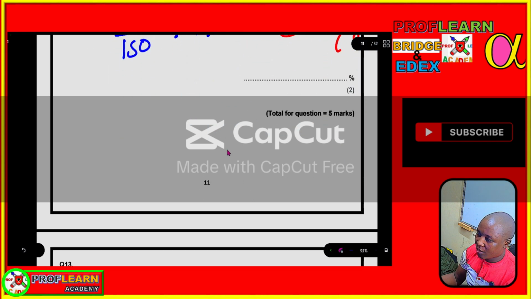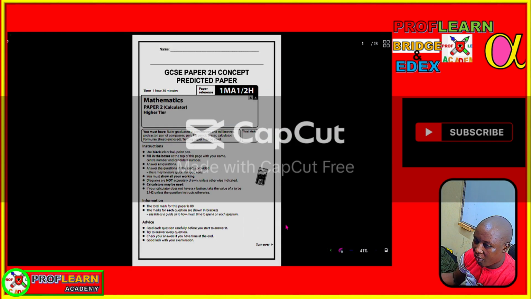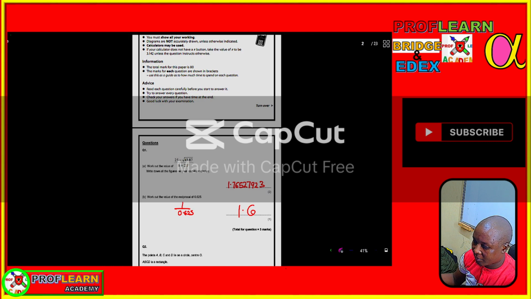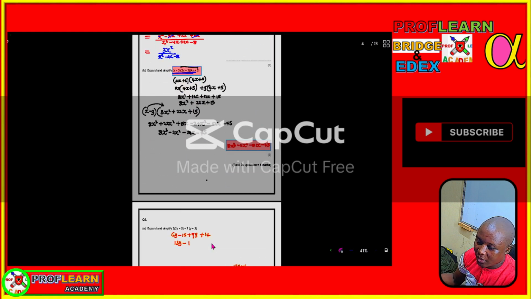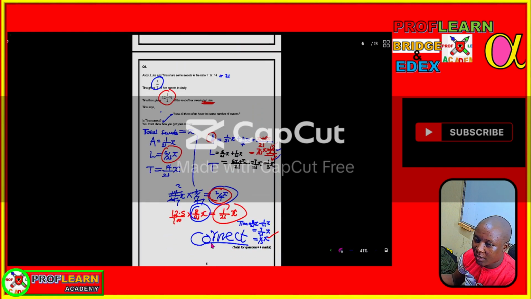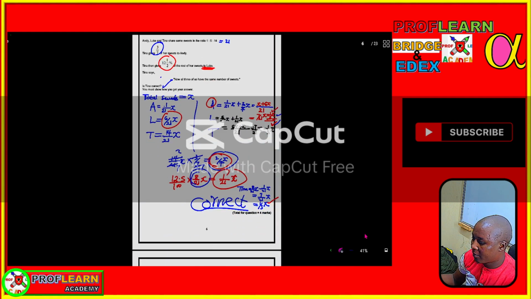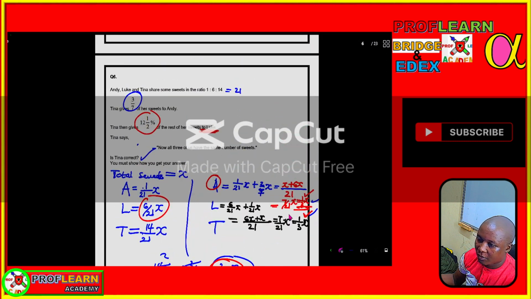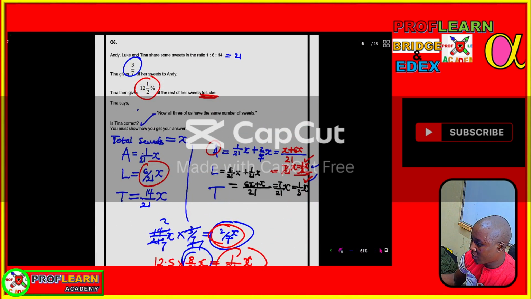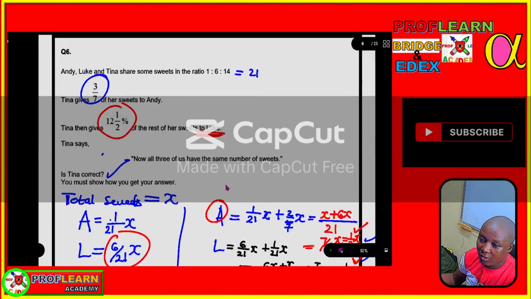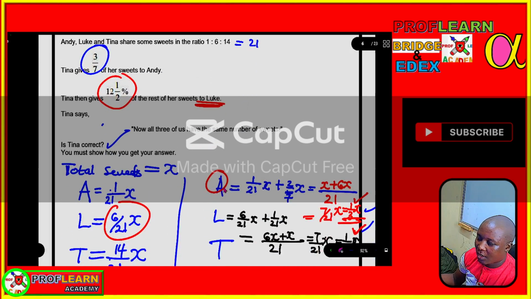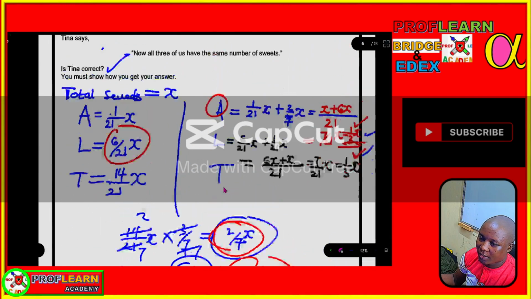So moving to the next part, in that hired paper we worked out that question of ratios here. This is the solution for that particular question. So that is how we worked it out.